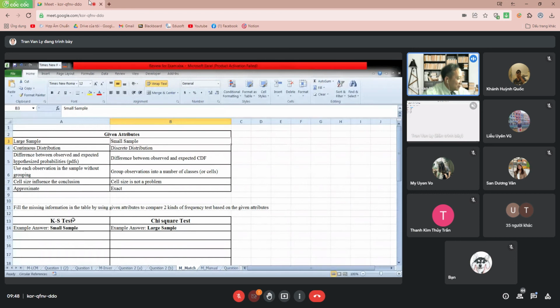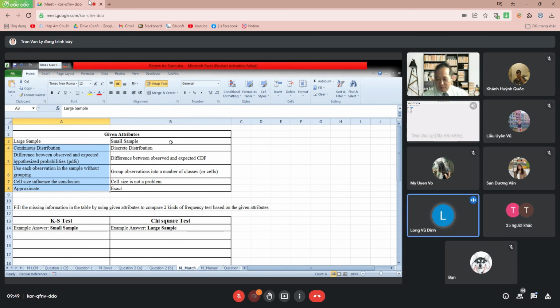For example, you go for chi-square test, and you put geometric from the right hand side to the left hand side. Is that okay? Is that clear for you? Example like this. So you match left and right. Okay, you fill in.